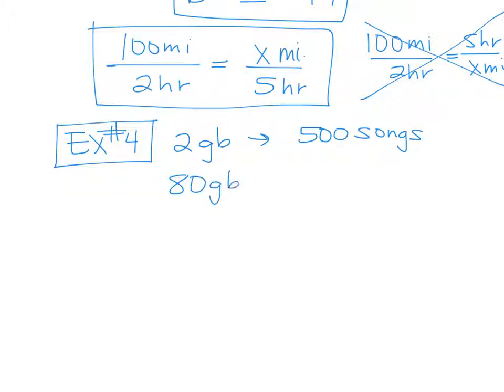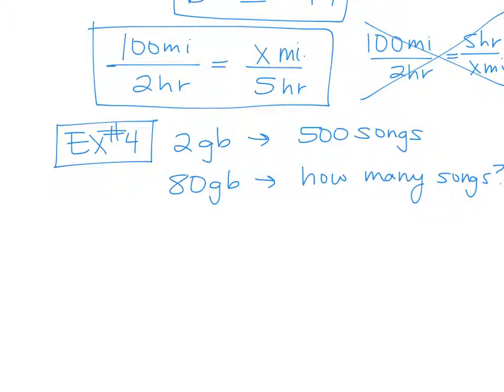That's a lot of storage. We want to know how many songs it can hold. So it's a similar device. The one has 2 gigabytes and can hold 500 songs. The other has 80 gigabytes, and we want to know how many songs that one can hold.